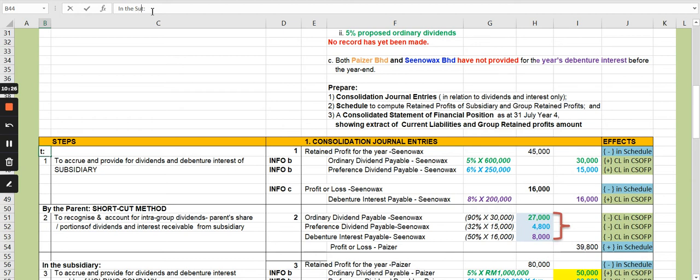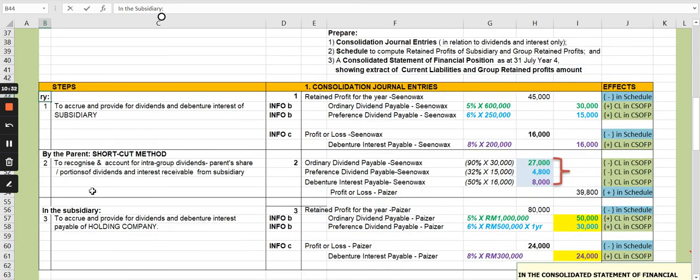I make a correction here: it should be the subsidiary company. In the subsidiary company, what would be the record? And here it should be the parent or the holding company. I apologize for that.